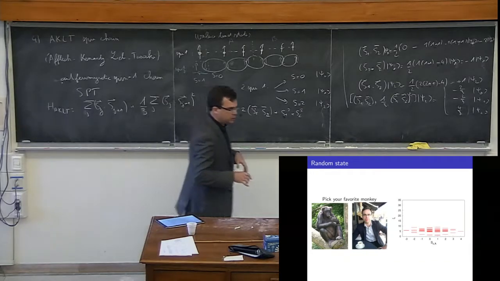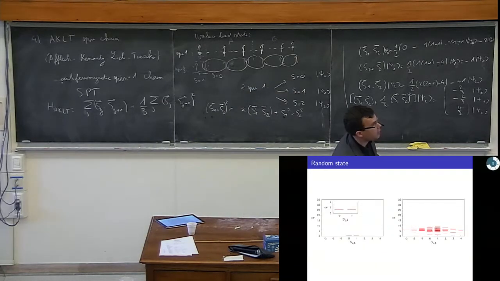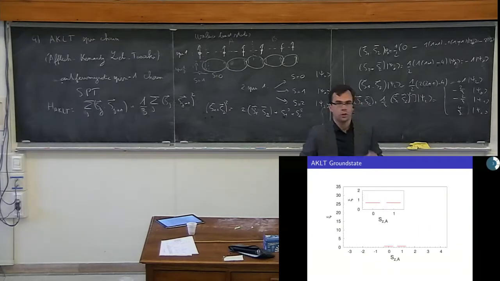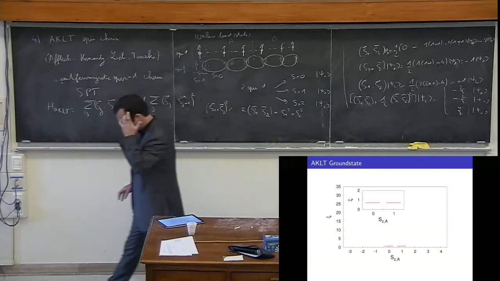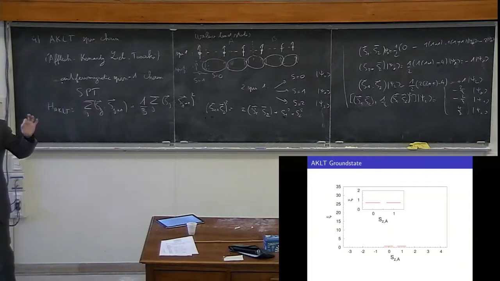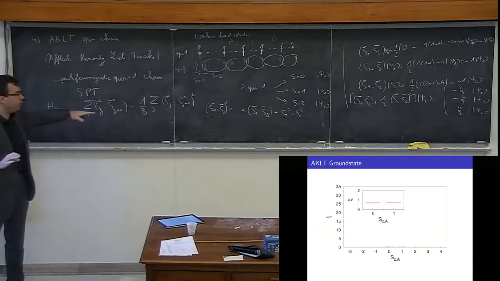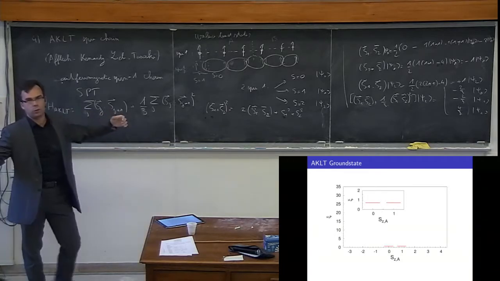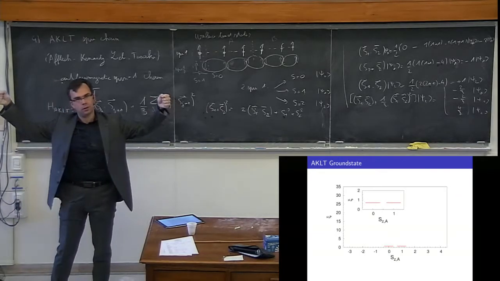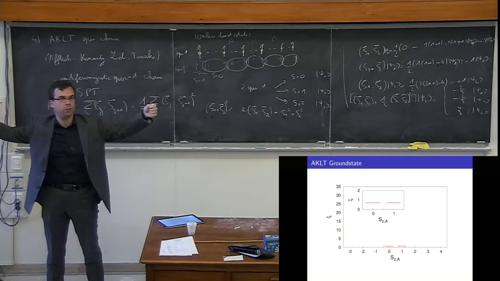But then, let me go back to this guy here. You have 2 levels. Remember, what we have done is to take one of the four ground states of this Hamiltonian here, which means we have frozen the edge degrees of freedom.